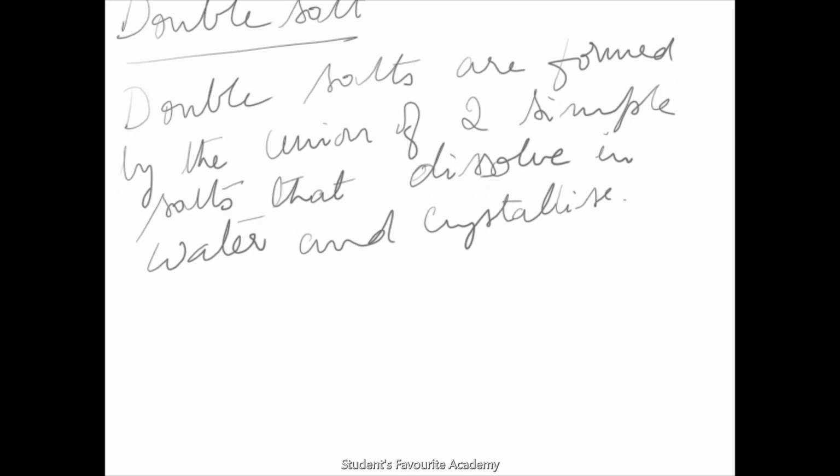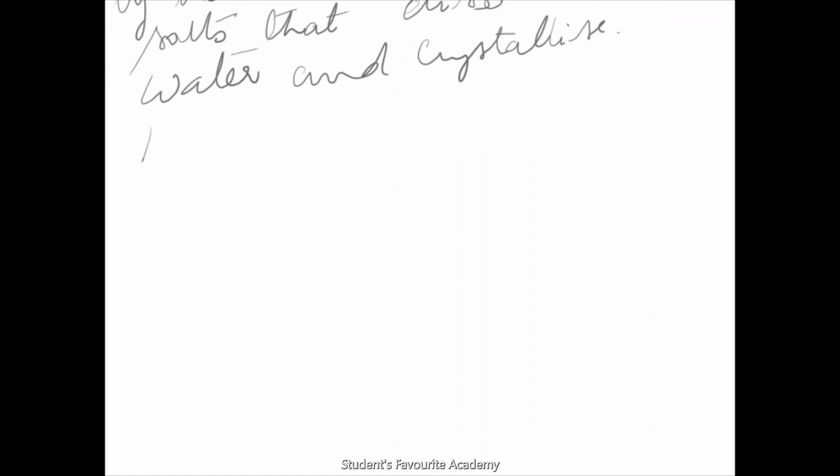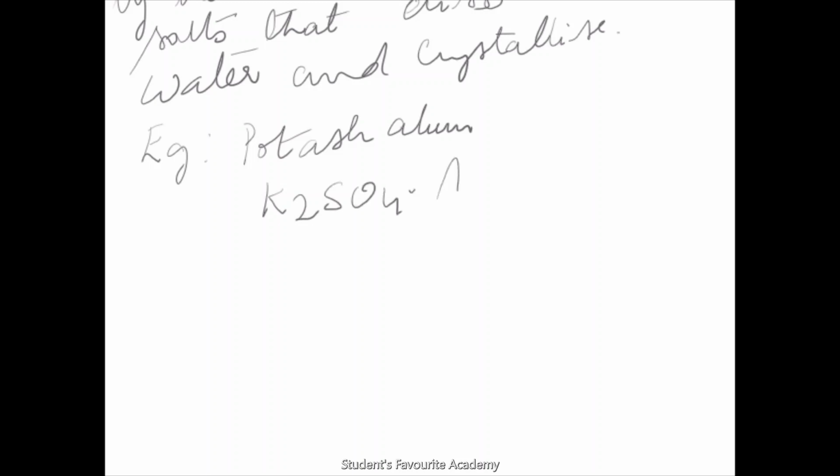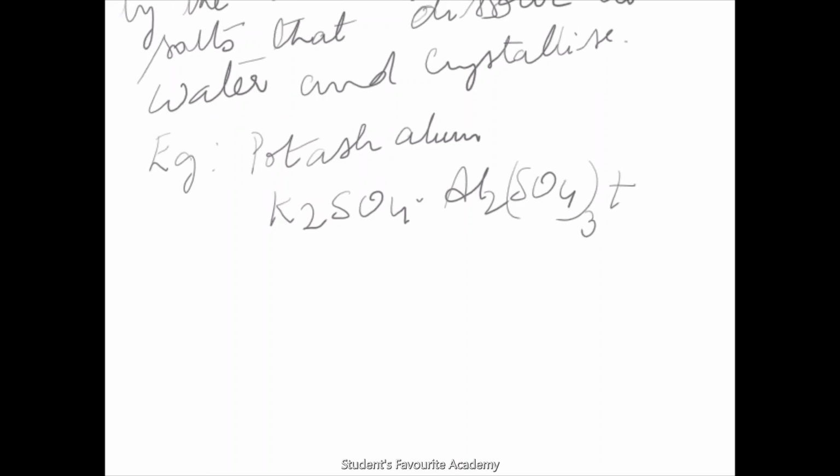Okay, so examples of double salts: potash alum. The formula is K2SO4 dot Al2(SO4)3 plus 24 water molecules.